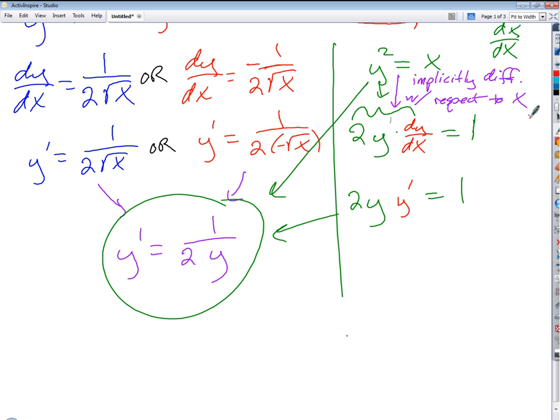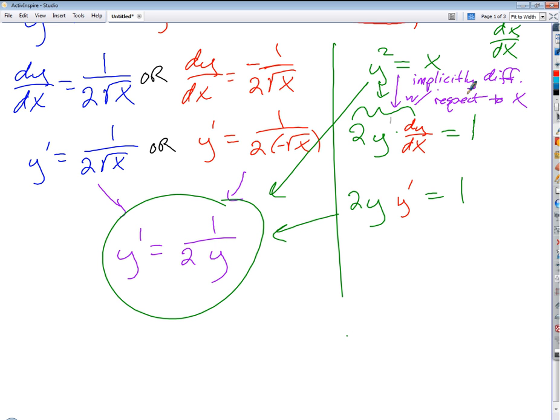Same process we've always done. The only difference is we've got to use the chain rule whenever we differentiate something with a y in it, because dy/dx is not 1, it's dy/dx. Right? Implicitly, all that means is we're not going to bother to solve for y first. We're just going to take the original relation the way it is and just differentiate.